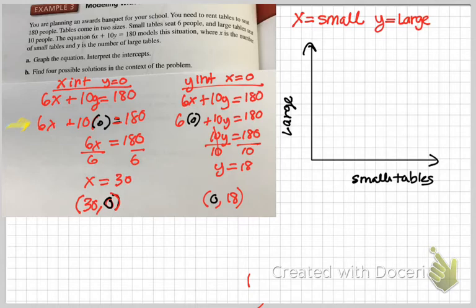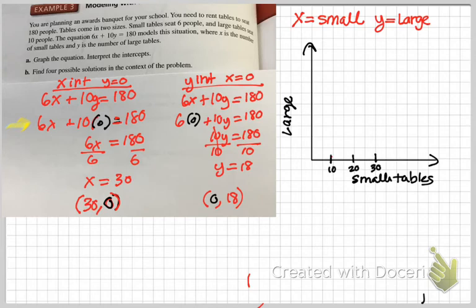I'm going to make each line worth 5, so I'll say this is 10, this is 20, and this is 30.